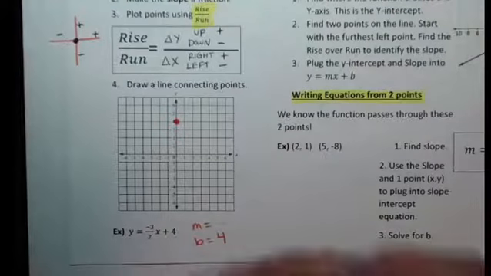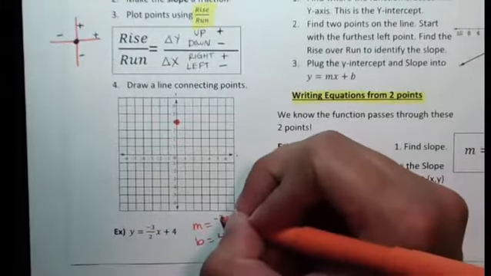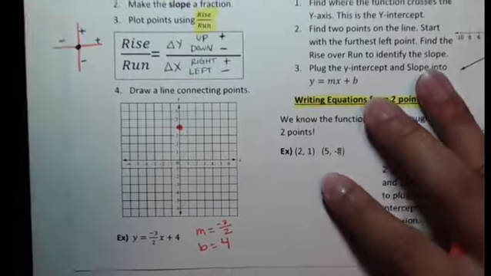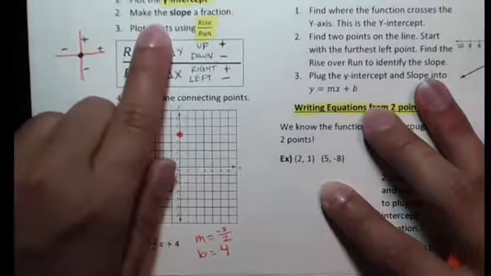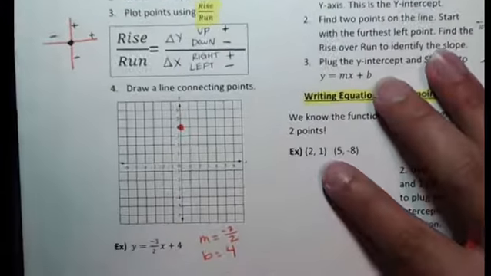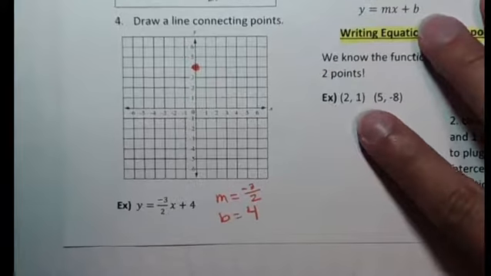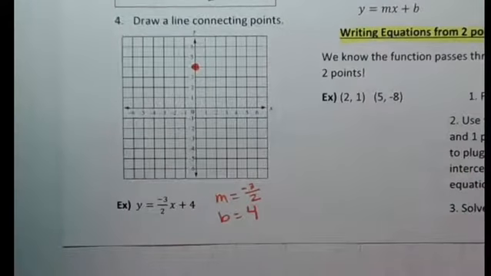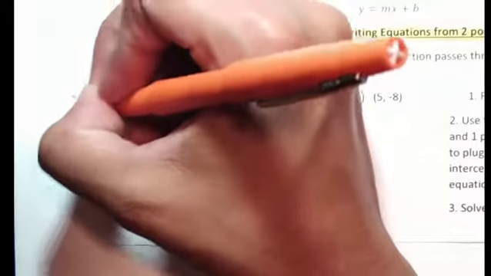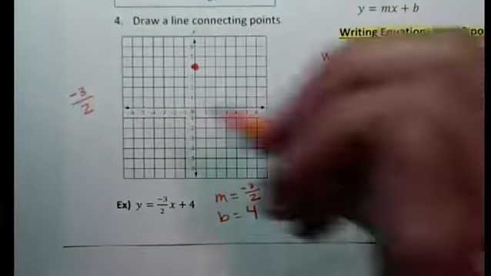Now the slope from this equation is going to be negative 3 over 2. So step 2 is make the slope a fraction. It's already a fraction for me. So now I'm going to use rise over run to create the rest of this graph. So I'm going to write my slope off to the side, negative 3 over 2.